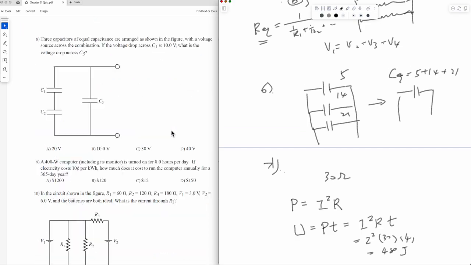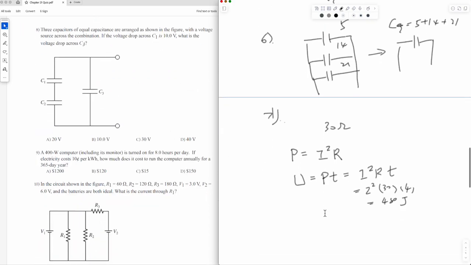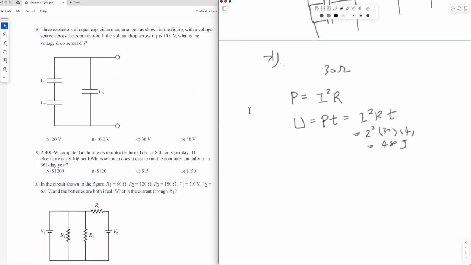Next one is number 8. Three capacitors of equal capacitance are arranged as shown in the figure with a voltage across the combination.